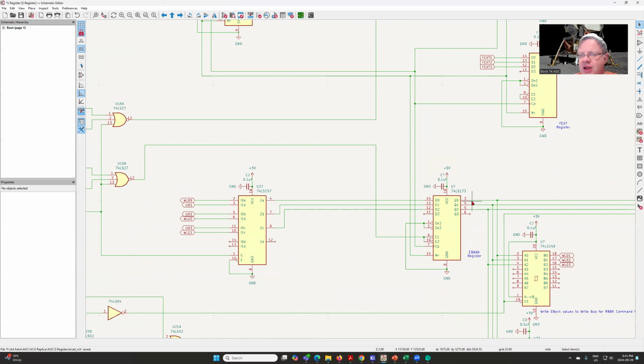So I'll have to figure out how I shoehorn that into the 16. On the newer boards, I've got some additional space for some LEDs on the board itself. So I'll probably at least start off with the E bank, because those are going to be the ones that I really want to display, and then we'll see where we can show the F bank register contents.